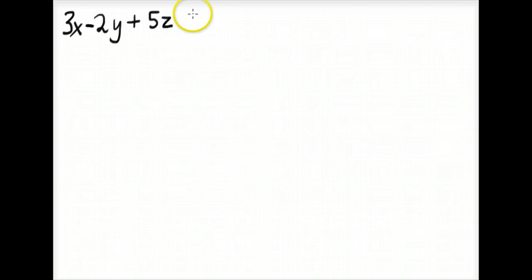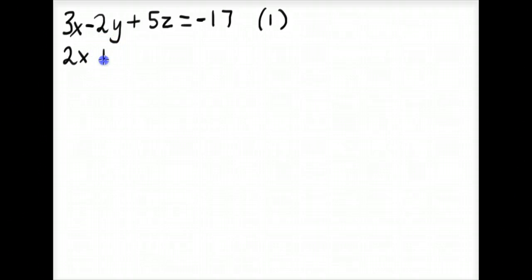Let's say we have the three equations, 3x minus 2y plus 5z equals negative 17. I'm going to call this equation 1. And then we have 2x plus 4y minus 3z equals 29.